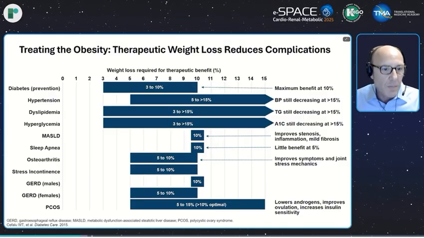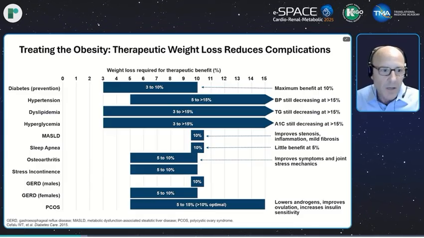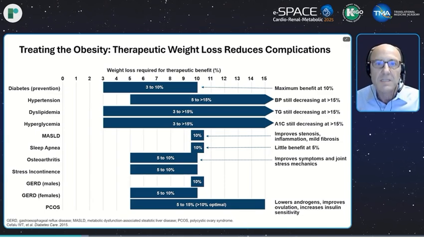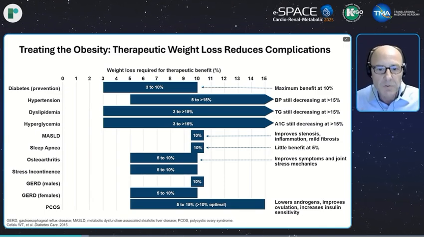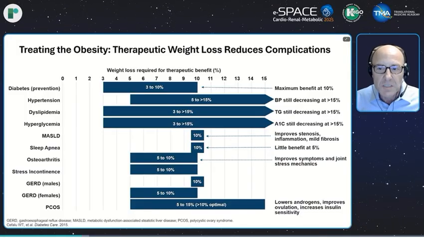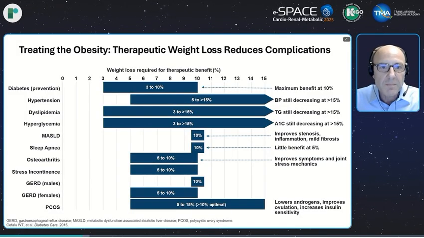But some of them are less, some of them are more. When it comes to things like sleep apnea or metabolic dysfunction-associated steatotic liver disease, you need at least 10%. But for other conditions like hypertension and dyslipidemia, smaller amounts of weight loss will produce a benefit.